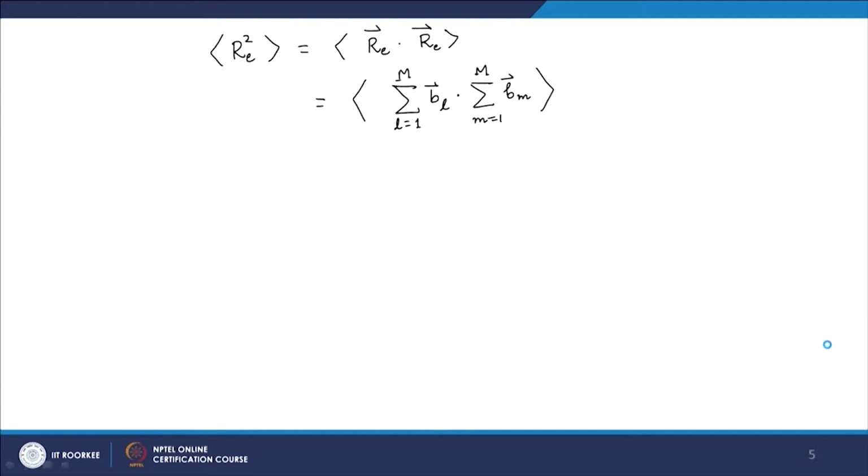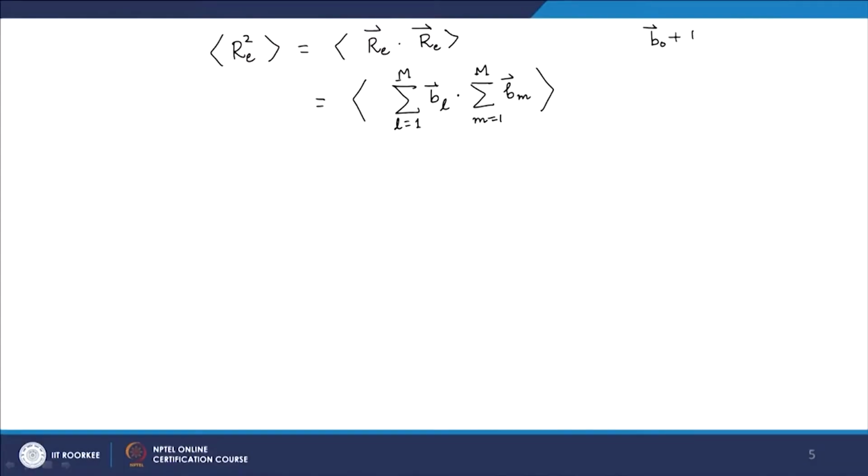So, now I am using two different indices. The reason why this is important is because if I really take these two sums, we do have cross terms. For example, think of multiplying the sum with itself.